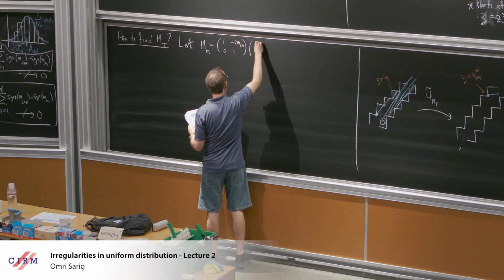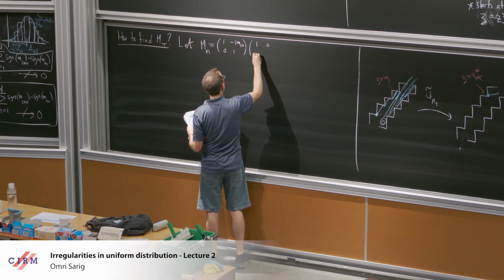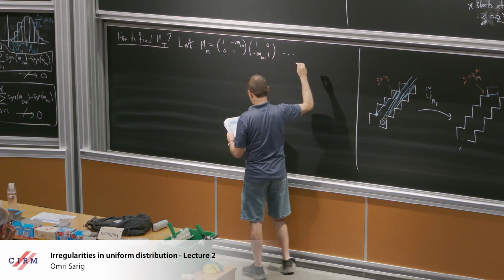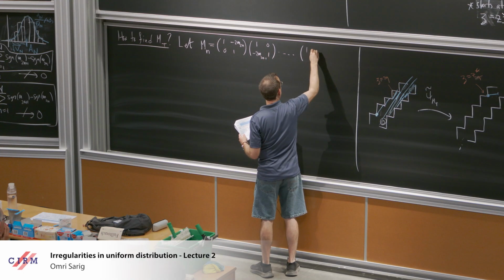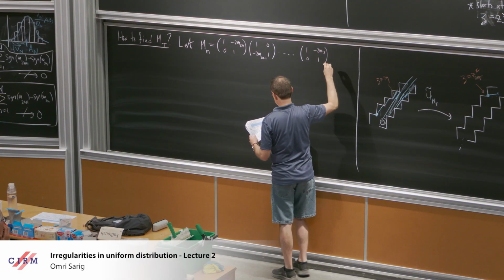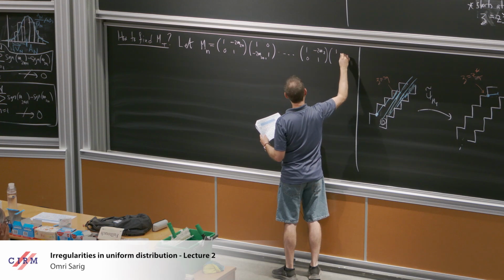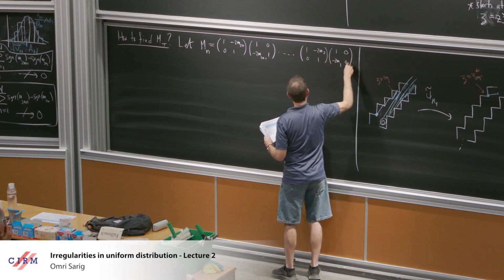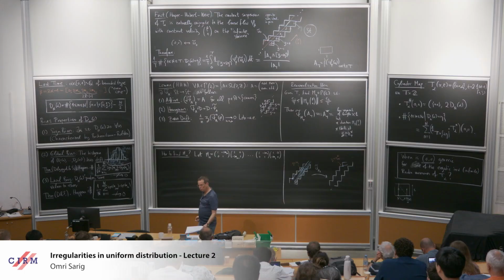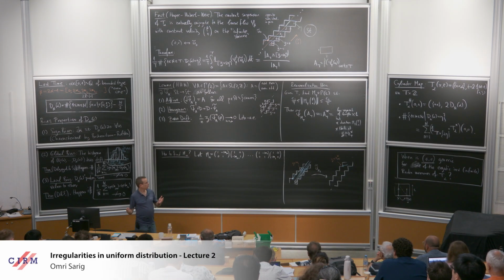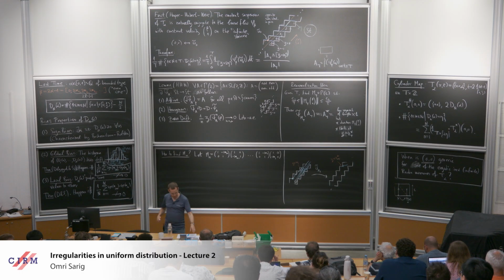Next one will be lower triangular, all the way until the end. Each of these matrices is in Gamma 2, and Gamma 2 is a group, so this product is also in Gamma 2.